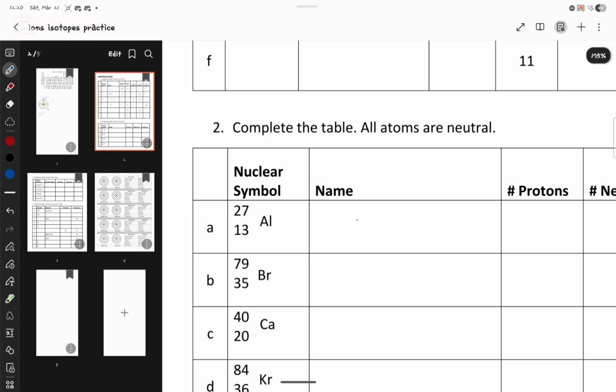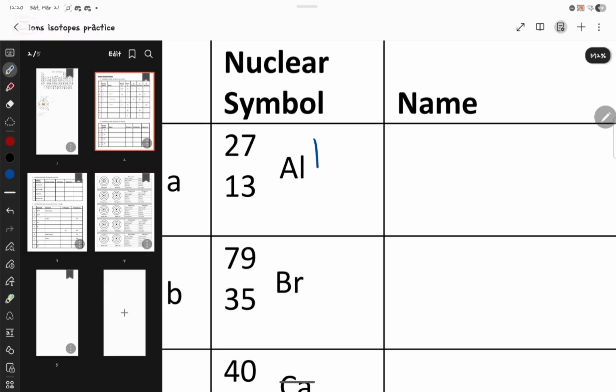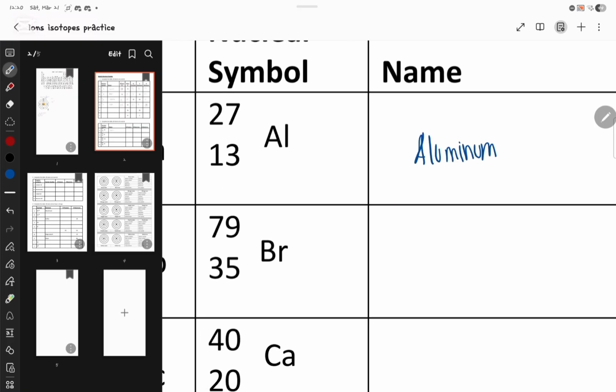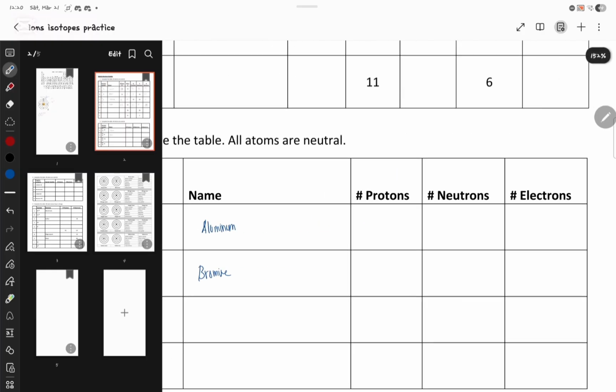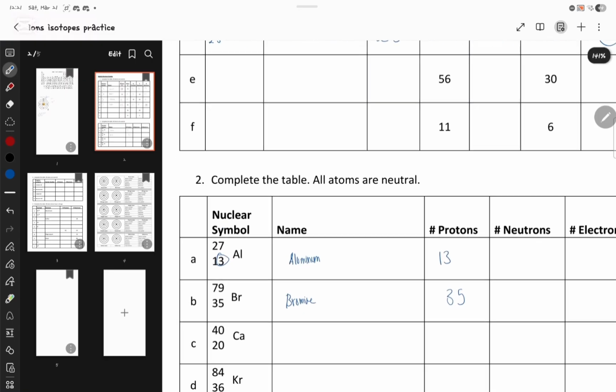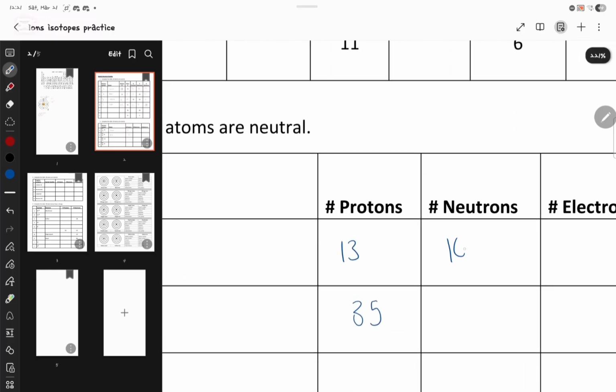Complete this table. All the atoms are neutral. This is also very similar. I'm just going to do these first two. Aluminum. Al is aluminum. You guys should memorize all of the first 20 symbols already. That's going to be bromine. Protons is the atomic number below here. Neutrons is the mass minus protons, which gives you 14.